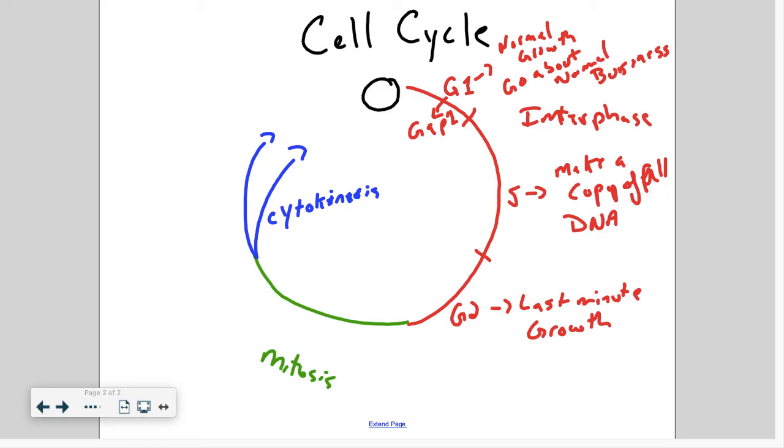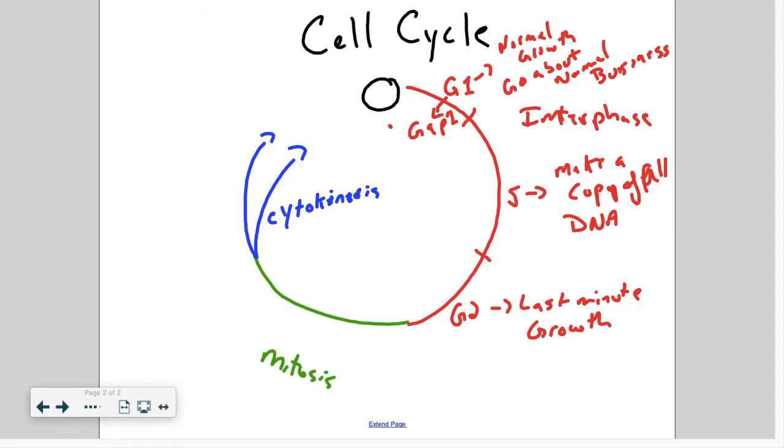In order to do all these things, have normal growth, go about their business, they need to be reading and copying the DNA. In S, they are making a DNA copy of the DNA, something that's not normally done. In fact, this S part of interphase is the only time a DNA copy of the DNA is made. But in order to do that, you have to be able to read it. Same is true with last minute growth in G2.